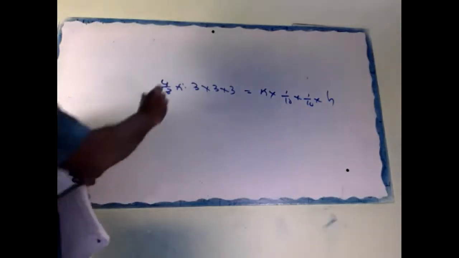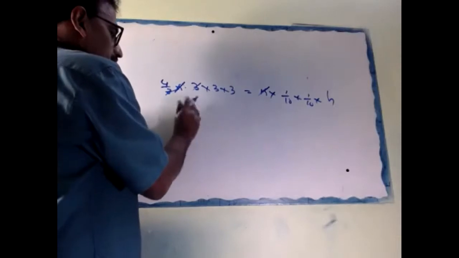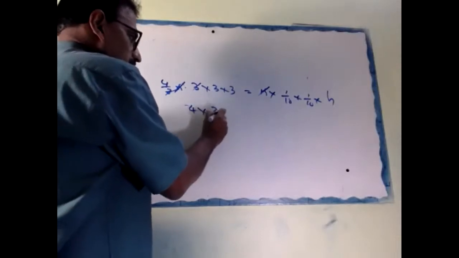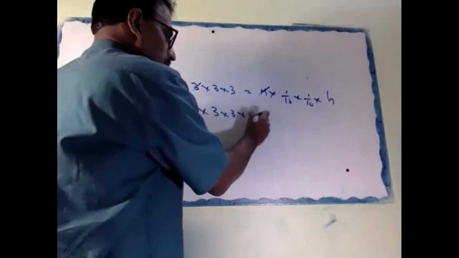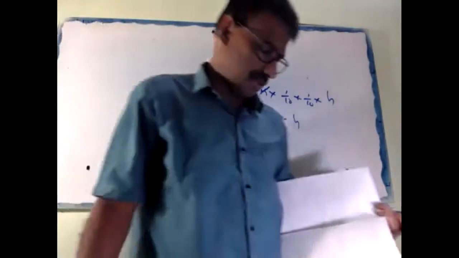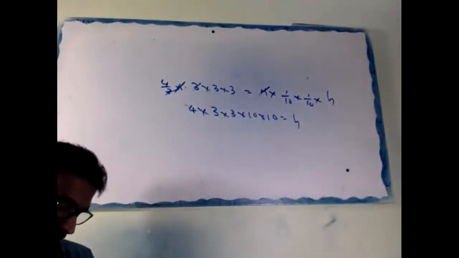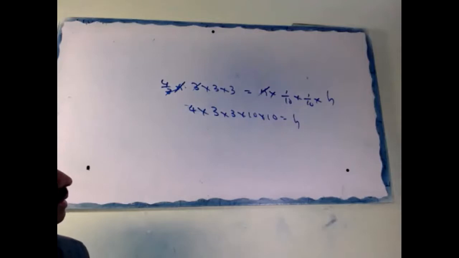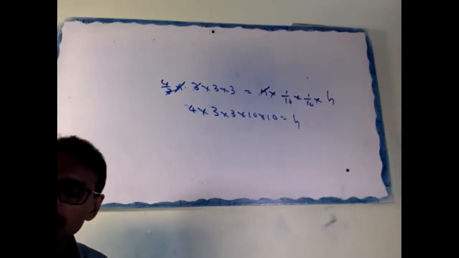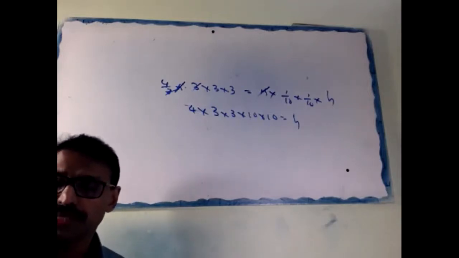Okay, so pi both sides cancel. 3 here cancel. 3 in 4 into 3 into 3 into 10 into 10 equal to h. How much is that? H equal to 3600 centimeter, or 36 meter.